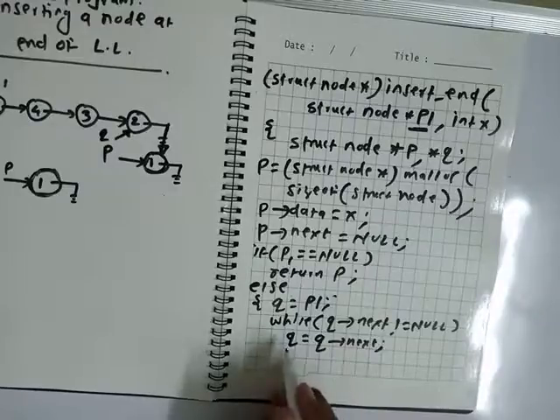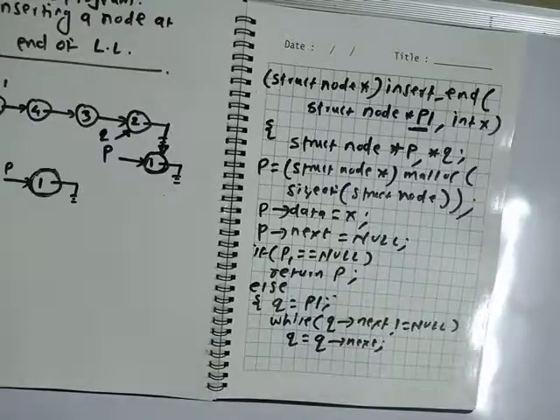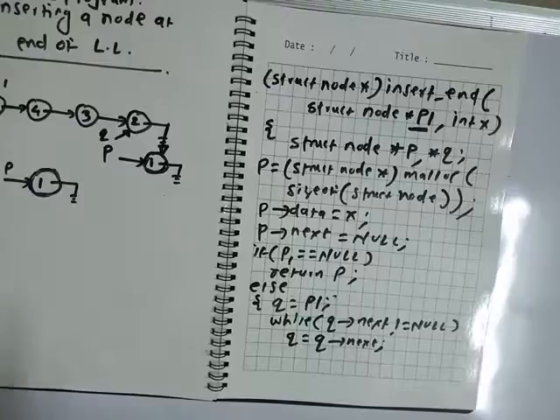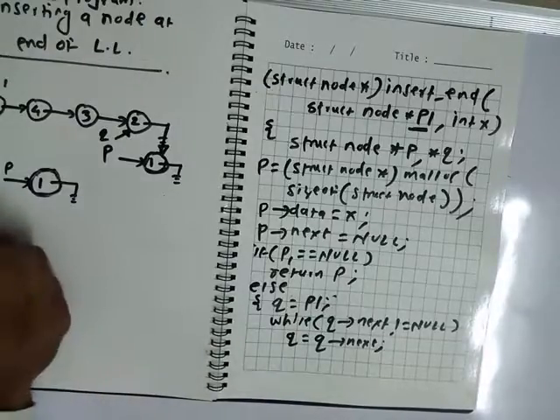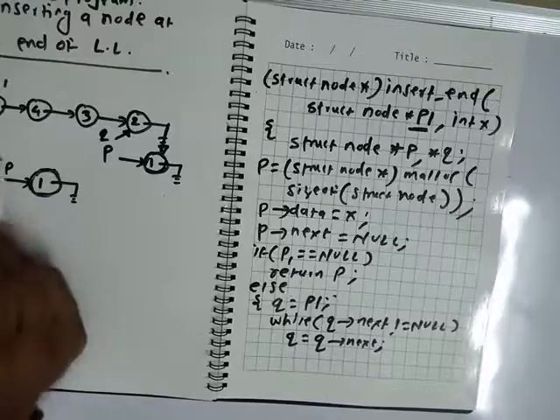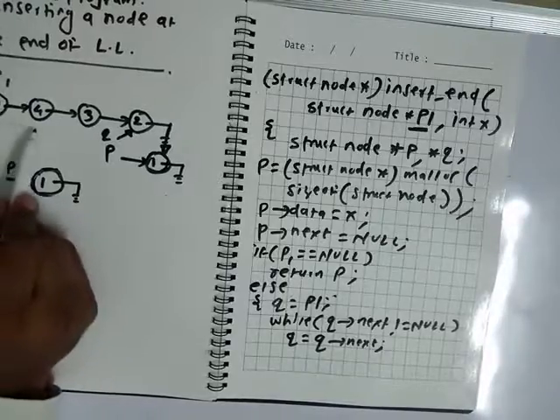So that loop will take us to the last node of the linked list, right? So we can just cross check here. We'll start our q here, right? So is q arrow next null? No, it's not null.